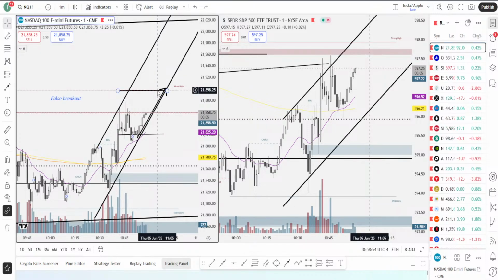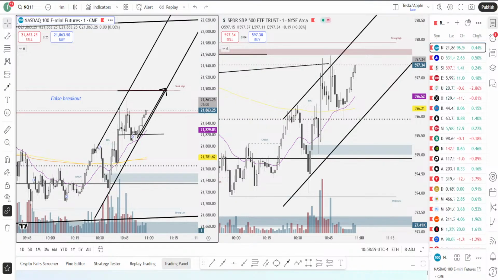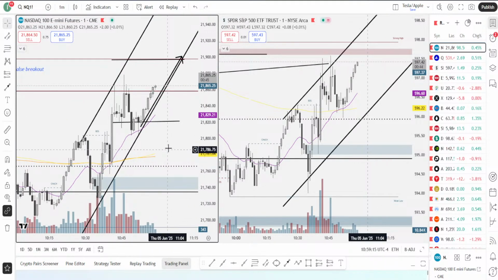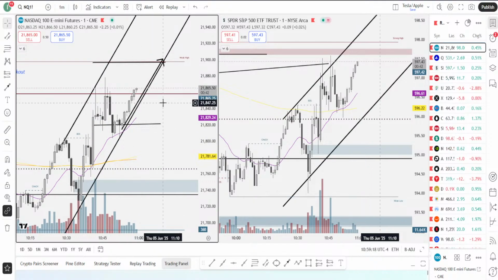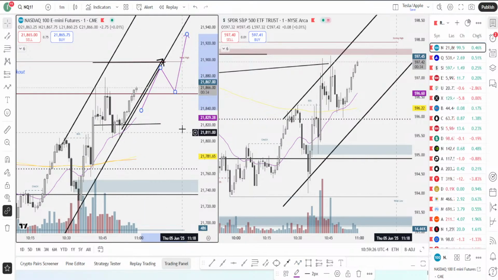This is 21,898. She's still going. We'll probably take out this high here and we'll probably find some support as we go higher. Could see support here at this resistance.